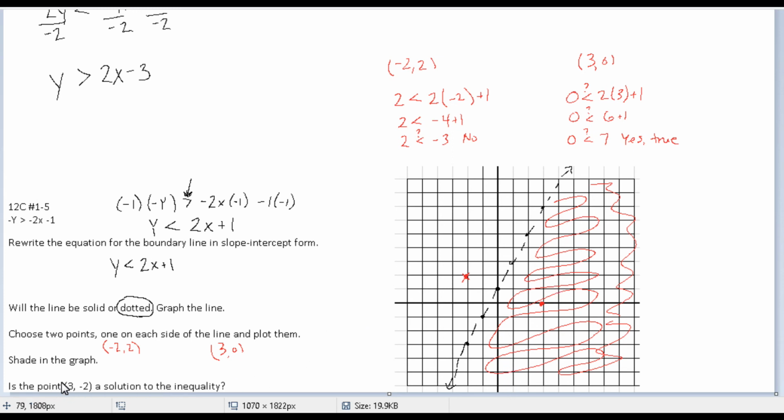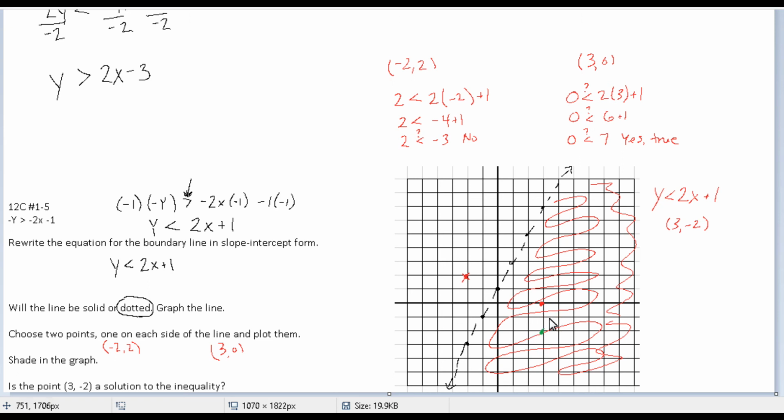The last part of this question is the point 3, -2 a solution to the inequality? Well, all we have to do is use our inequality and plug in 3, -2. We could solve it this way, or we could look at our graph. 3, -2 is right here.